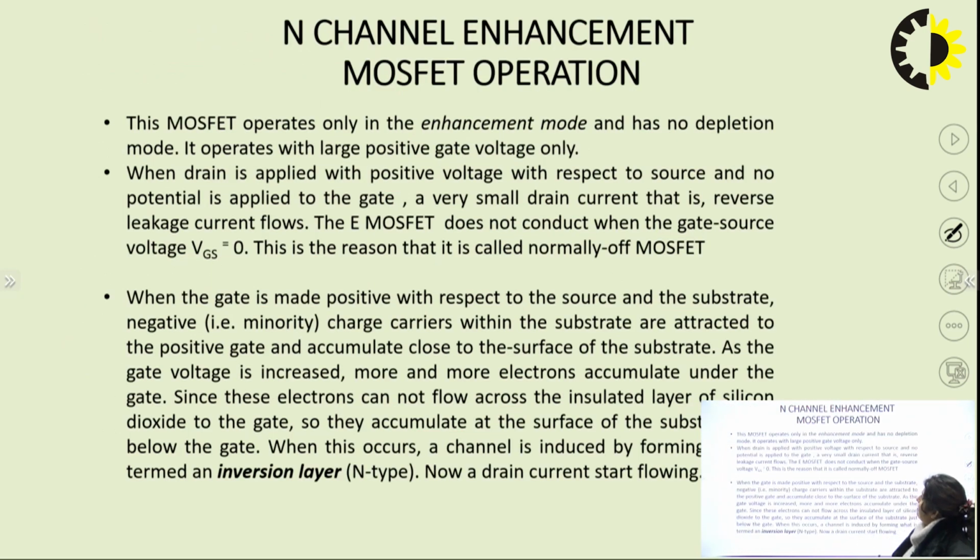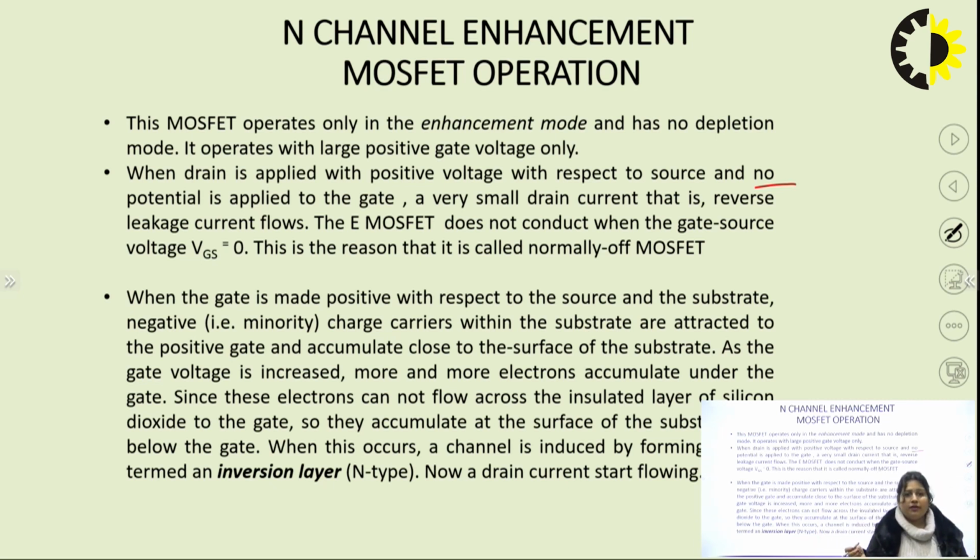So next we have the N-channel enhancement MOSFET operation. This theory gives you an idea about how these MOSFETs will operate in the enhancement mode and in the depletion mode. It operates with a large positive gate voltage only when the drain is applied with positive voltage with respect to the source and no potential is applied to the gate.